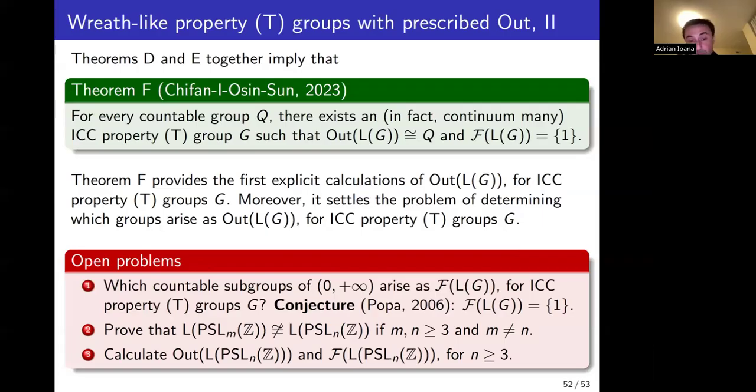So this is the second problem: to try to prove that PSL_n(Z), rather than SL_n(Z), so that you get an ICC group, the arithmetic lattices PSL_n(Z), give non-isomorphic II_1 factors as you vary n greater or equal than 3, and also to calculate the outer automorphism group and the fundamental group of the von Neumann algebra of SL_n(Z) for n at least 3. So these two problems are wide open currently.